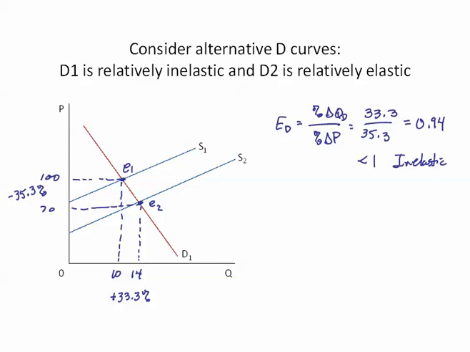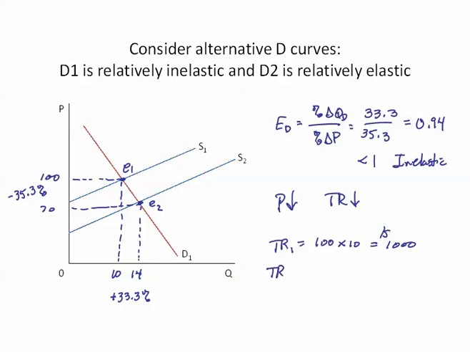So what would a price fall do? A price fall here would decrease revenue. So price has gone down and total revenue has gone down. How do we know? Well, total revenue 1 would be price times quantity, or $100 times 10 units, or $1,000.